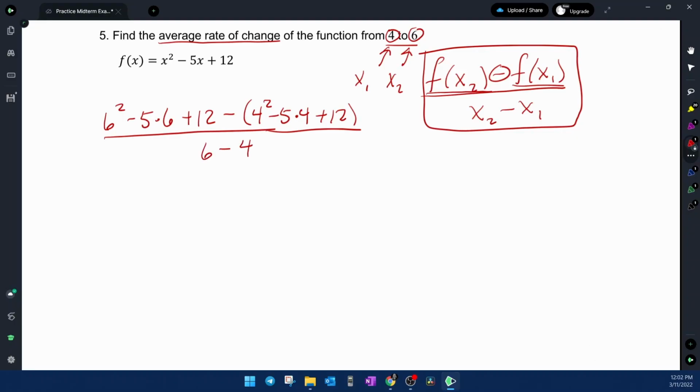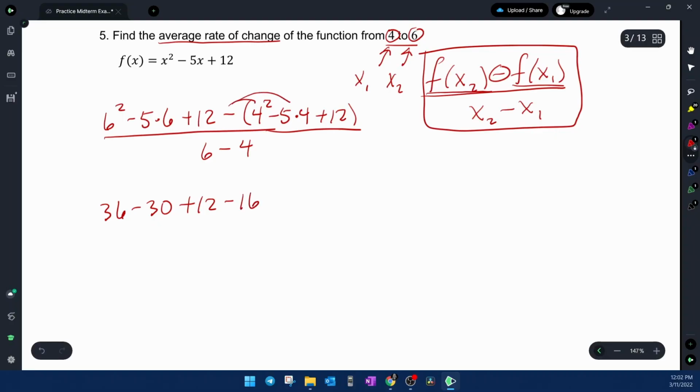And this would be a great time to use your calculator to input that all at one time. I'm going to show the steps. 6 squared is 36. 5 times 6 is 30 plus 12. 4 squared is 16, and I am going to distribute that negative as I go, plus 20 minus 12, all over 6 minus 4, which is 2.